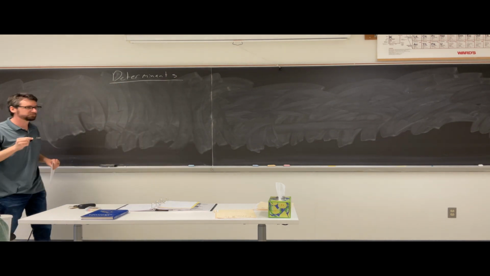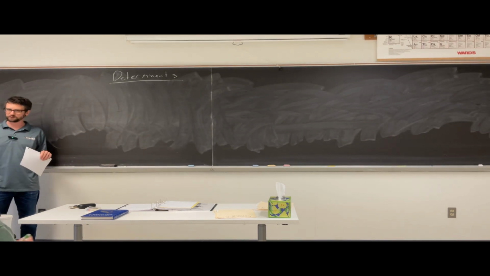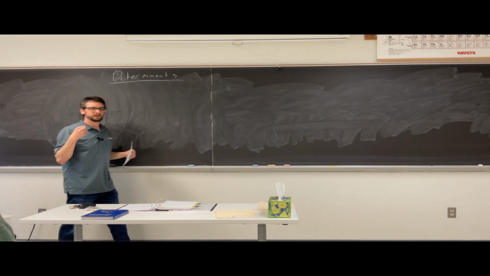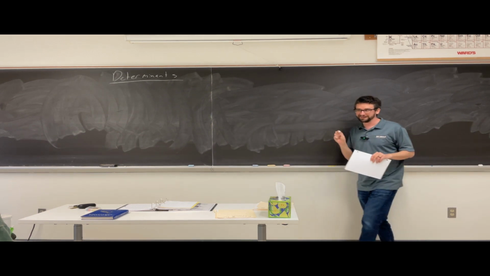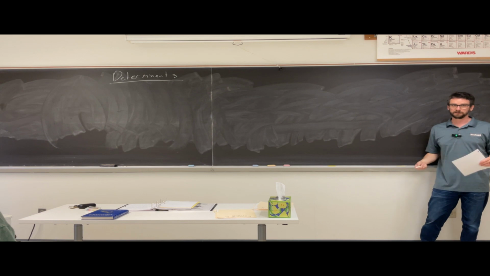You guys know what a determinant is, or how it gets represented? Yes, you definitely talked about it in linear algebra. Ellen, you took linear. Did either of you guys take linear? Okay.